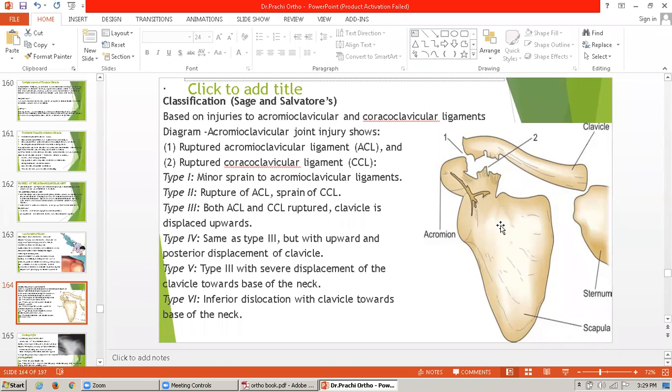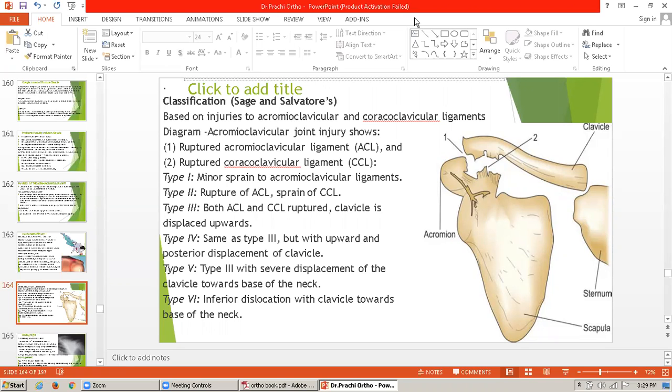This shows the ruptured acromioclavicular ligament, ACL, and this shows the ruptured coracoclavicular ligament. Type 1 is a minor sprain to the acromioclavicular ligament, and type 2 shows the rupture of the ACL and the sprain of the CCL, that is the coracoclavicular ligament.